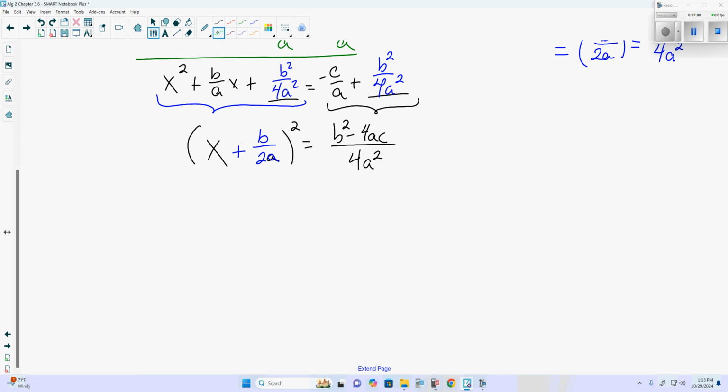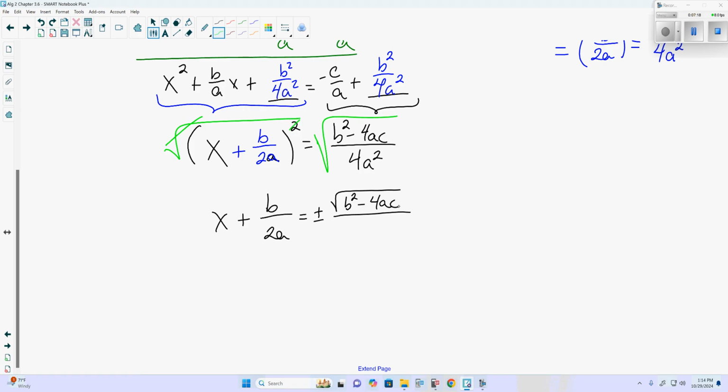Now we got it in this form, we can take the square root of both sides. And on the left-hand side, our square root and square cancel, telling us that we have x plus b over 2a is equal to plus or minus. We take the square root of the top, our b squared minus 4ac, and the square root of the bottom, our 4a squared.